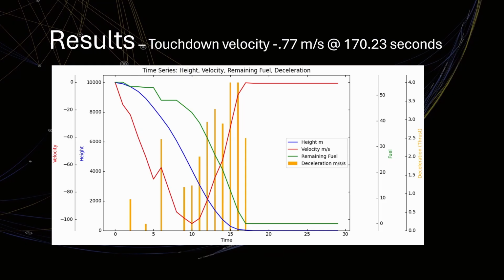But then as we hit the brakes with the thrust, it starts to come back up after iteration 10. And our remaining fuel, we end up using all our fuel for a successful landing of -0.77 meters per second at a time of 170 seconds. So a nice job by the algorithm to find that optimum landing or thrust time series.